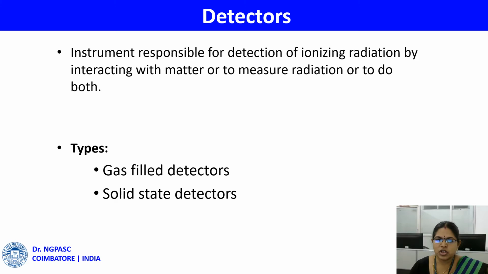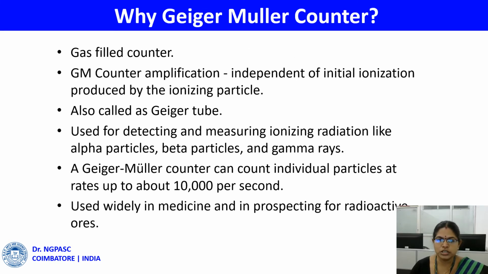So here we are interested in discussing about Geiger-Müller counter, because in all other detectors only the initial ionization radiations are taken into account, but in case of GM counter the secondary produced radiations are taken into consideration. So that plays an important role in discussing about Geiger-Müller counter.